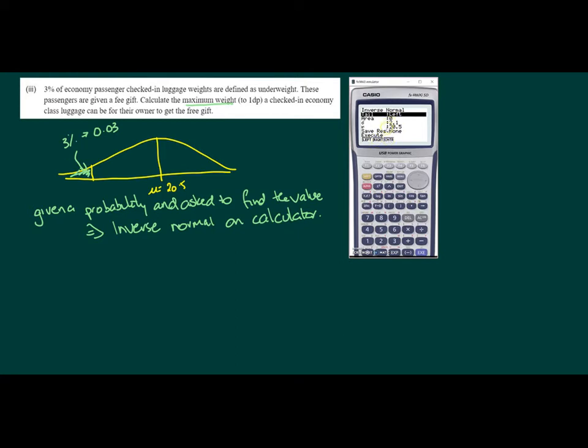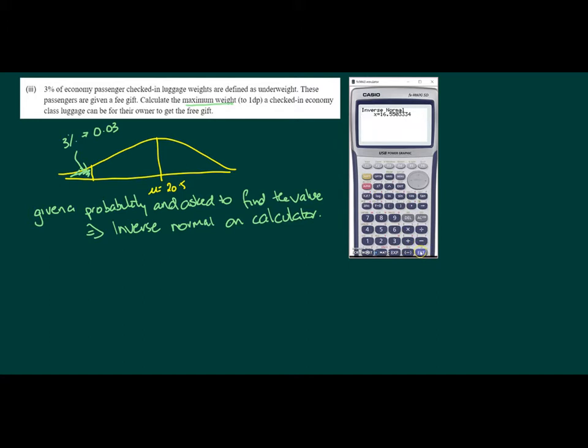You could choose right or center if we were doing other parts of the curve, but we're choosing the left tail. If you're using an older calculator, it will always be coming from the left, and we won't have that option, so you just have to always assume you're going from the left. The area is the probability we're given, the 3%, so we put in 0.03. It has remembered the standard deviation of 2.1 and the mean of 20.5 from the last question.